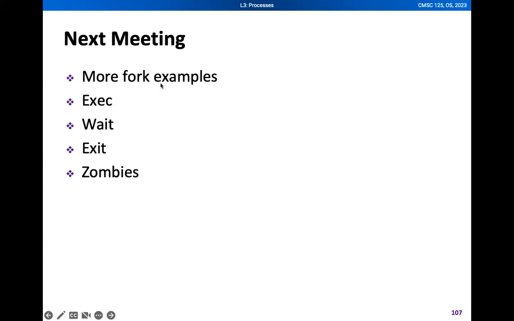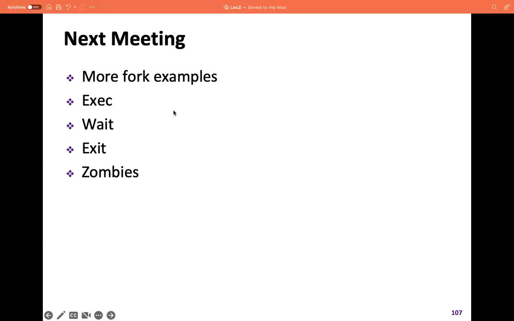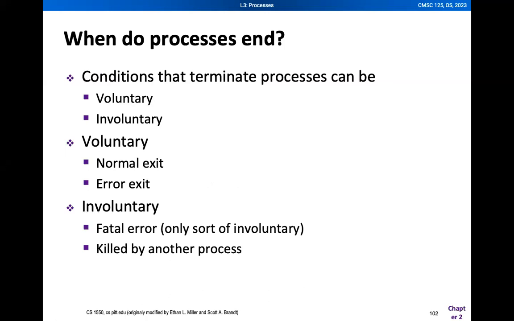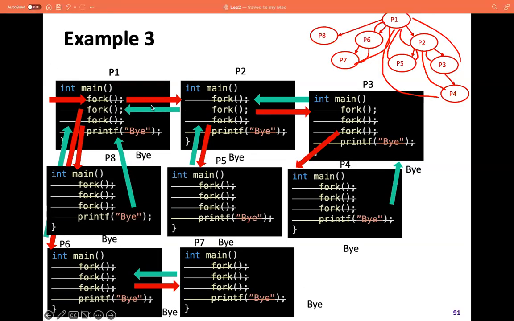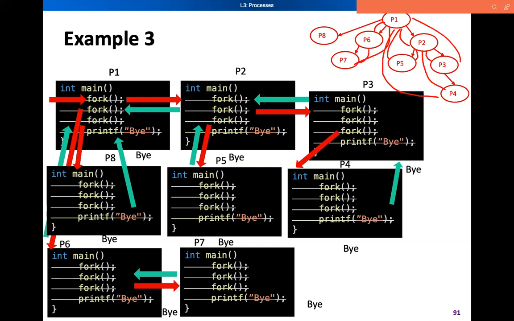And next meeting, we'll try to discuss more on fork, exec, wait, exit, as well as zombies. Okay, so for now, mga nested na forks pa lang yung na-discuss natin. And there are more complicated, more complex na codes like using if-else na conditions, etc.